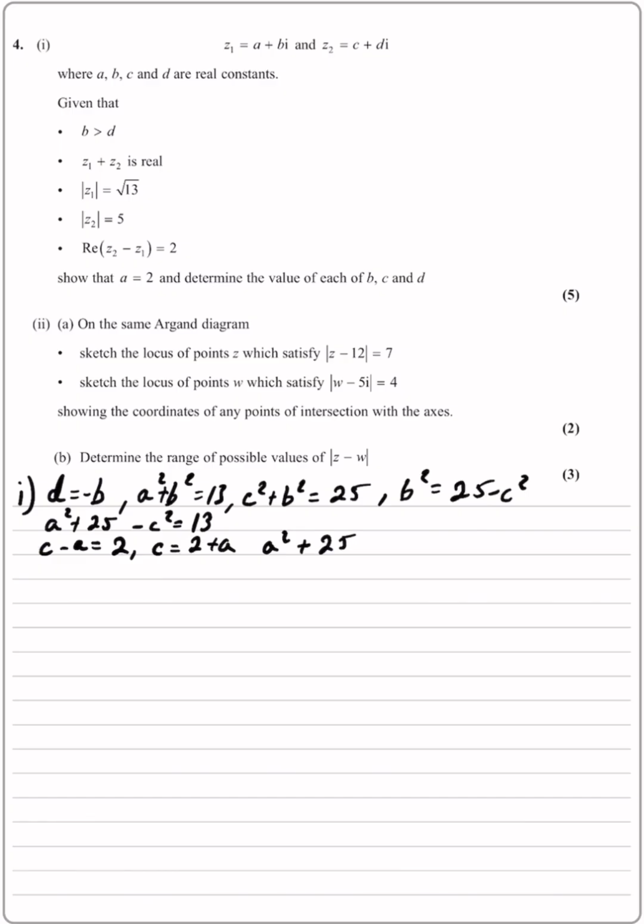Replacing the c in the a squared plus 25 minus c squared equals 13 equation with 2 plus a, we get an equation, a quadratic in terms of a, and that will unlock the question for us.